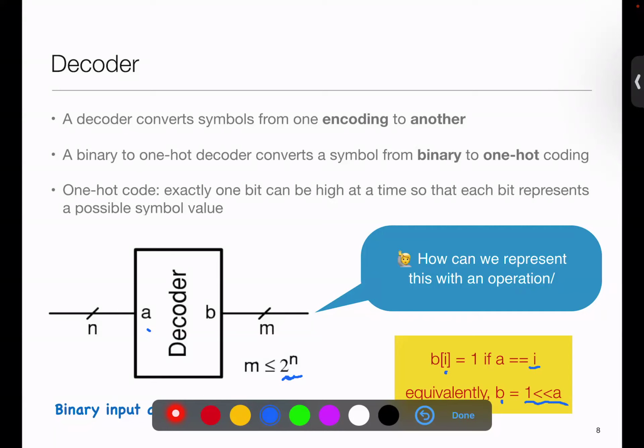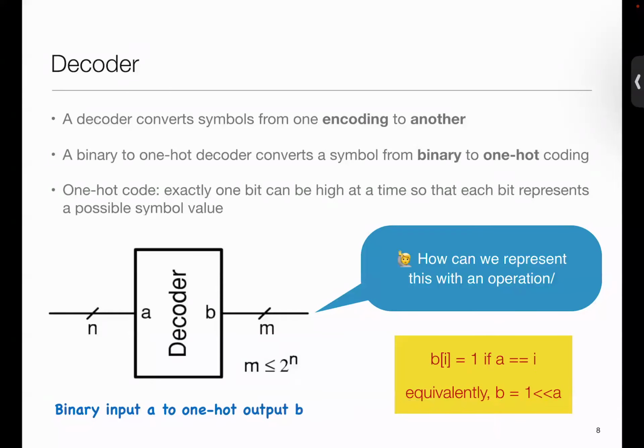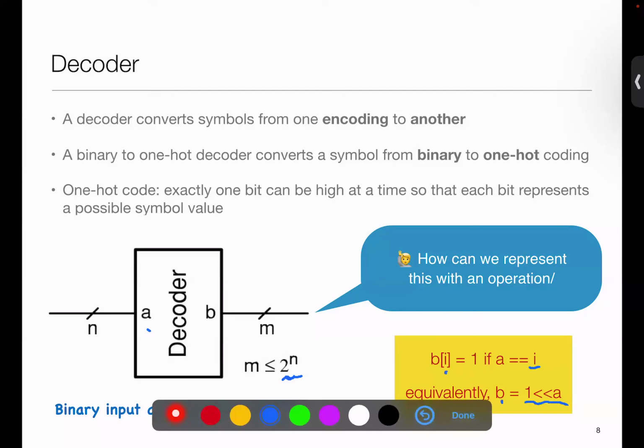Left shift, right? So it's basically saying take 1 and shift it left A times. So if A is 0, the rightmost bit would be 1 in B. If A is 1, the second from rightmost would be 1, and so on and so forth. And as you can imagine, that is exactly the one-hot coding. So mathematically, a decoder is basically doing this operation.